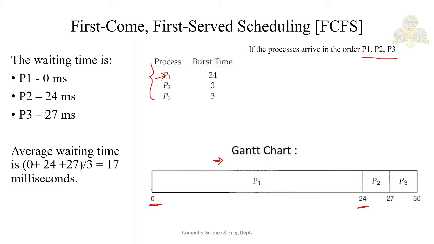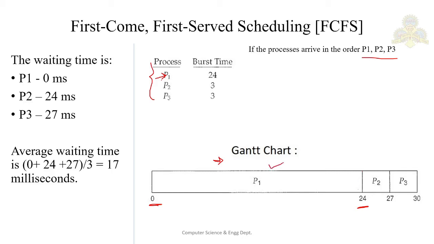Remember, the size here for process P1 matters because it is 24 milliseconds. If you have equal sizes for P1, P2 and P3, that doesn't make sense, right? So 24 milliseconds would be allocated for process P1. You can see over here that process P1 arrived at time 0 and requires 24 milliseconds to complete its execution.